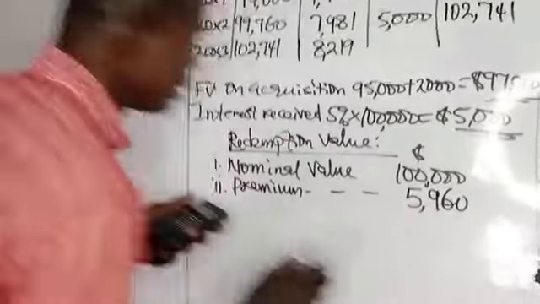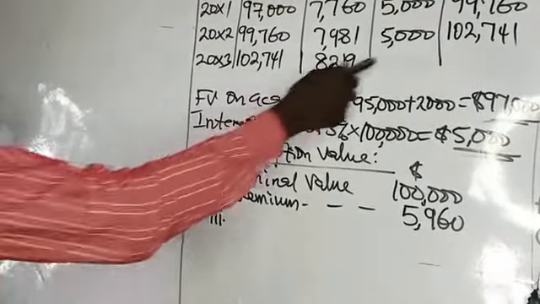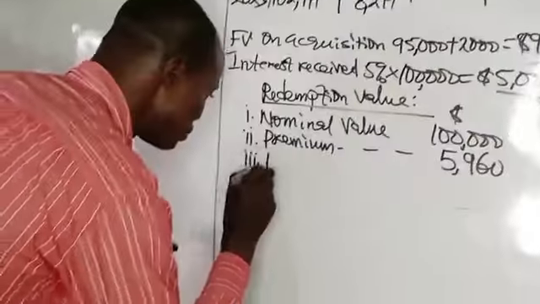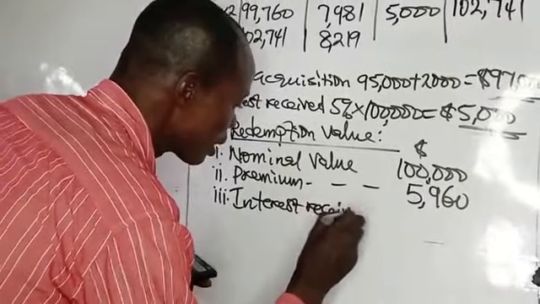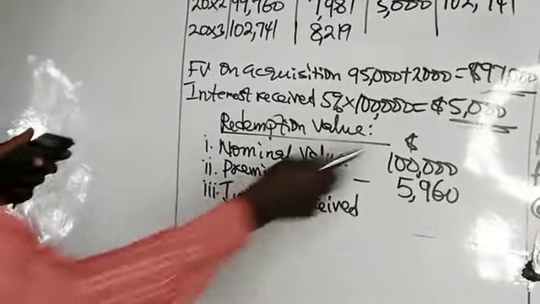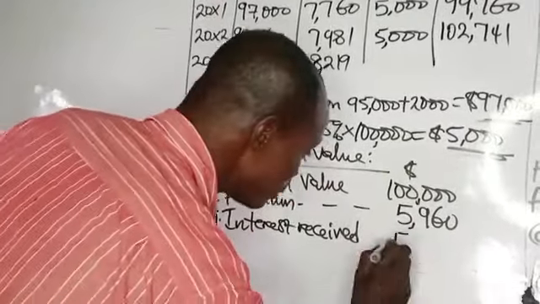Then, three, interest for this year, 2023, will also be received. I told you the interest received is always calculated on the nominal value, which is 5,000 as usual.